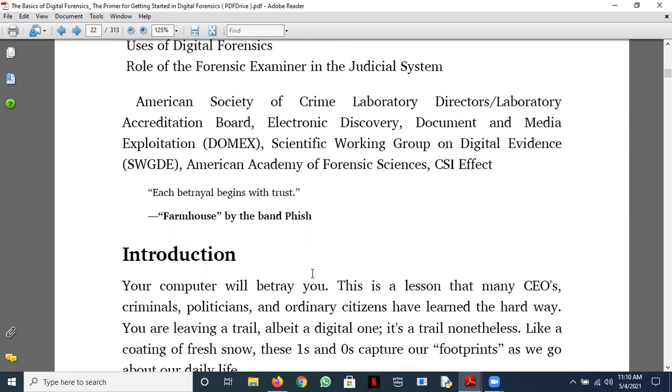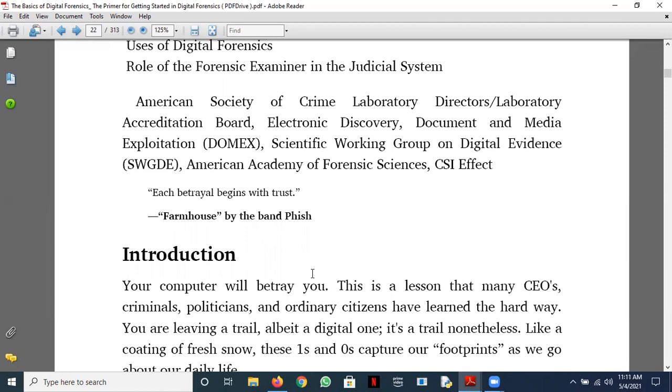Also, we are using a lot of computers these days, right? In the modern era. So the first line is very good: your computer will betray you. That means because we are using computers for everything, for our transactions, for our password storage, for our secret files, if not handled properly, our computer can betray us.